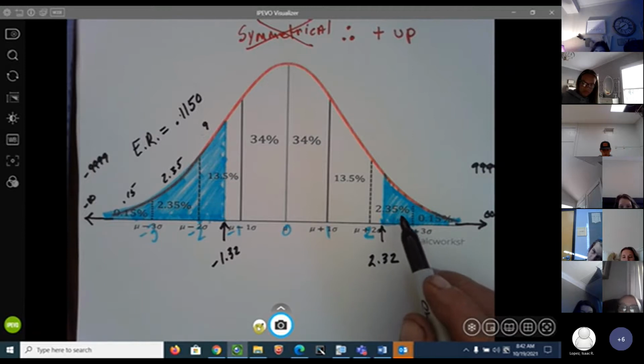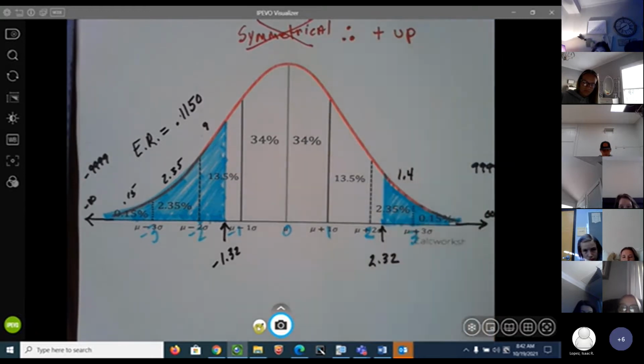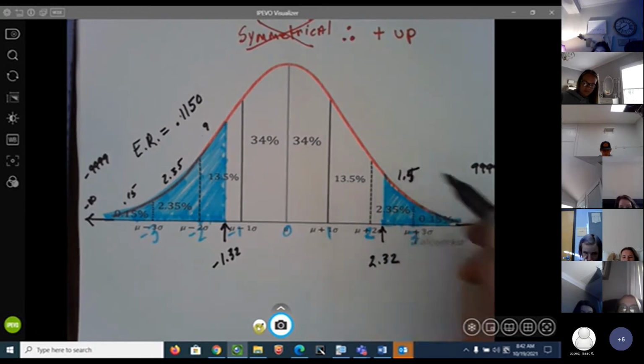And on this side, gracious, let's see, this is a third of 2. Gosh. Let's see, 3 will go into 23, 7.7. So that'd be 1.4. And then here is 1.5, so we'll just say 1.5.